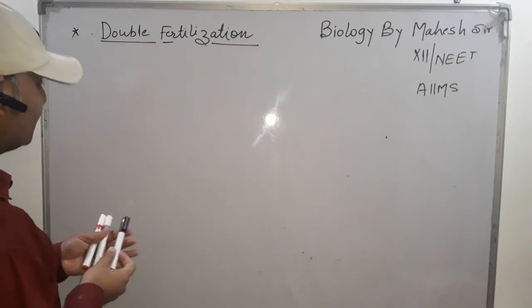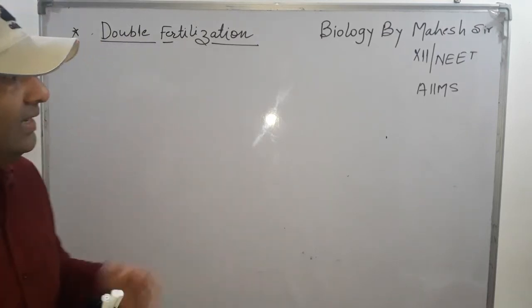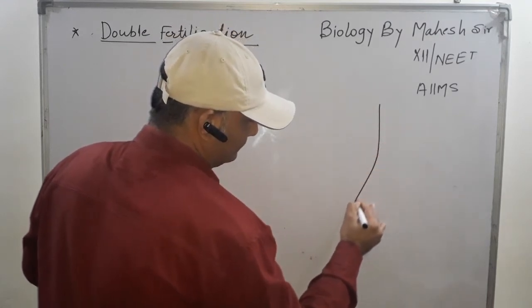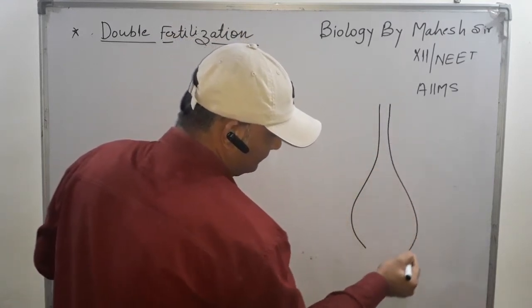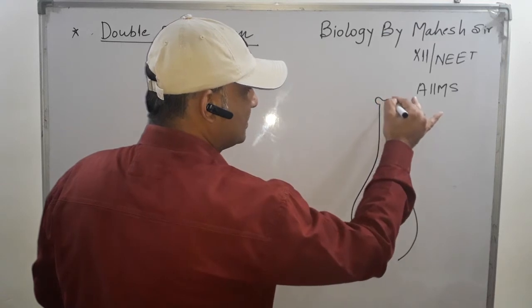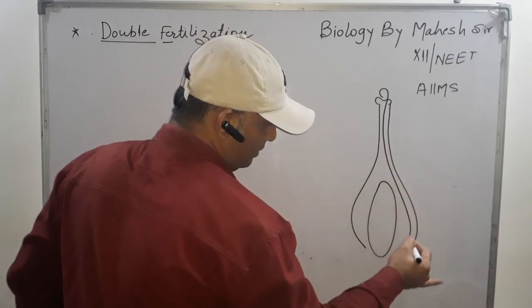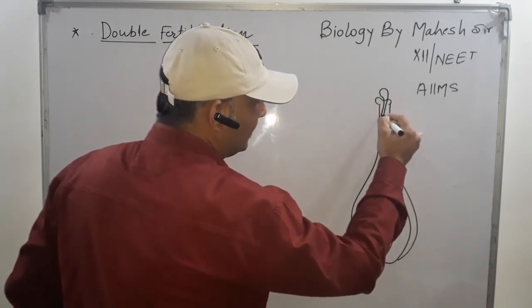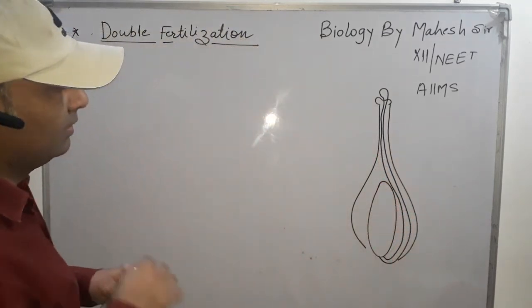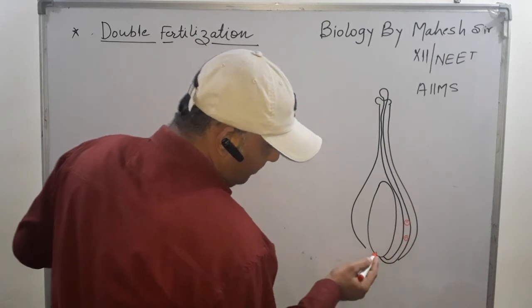After the transportation of pollen grain onto the stigma and pollen grain germination, the pollen tube travels and transports two male gametes to the embryo sac.